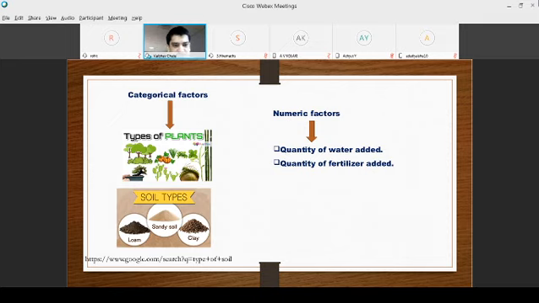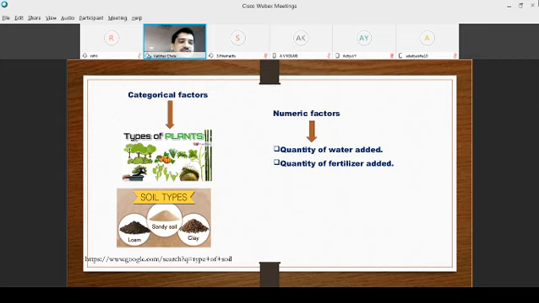the categorical factor. Similarly, if I am going to go for farming or agricultural activity, again I need to consider the numeric factor as well as the categorical factor. That is, quality factor we call categorical factor, and quantity factor we call numeric factor. Farming means which type of plantation or which type of crop I would like to go for.